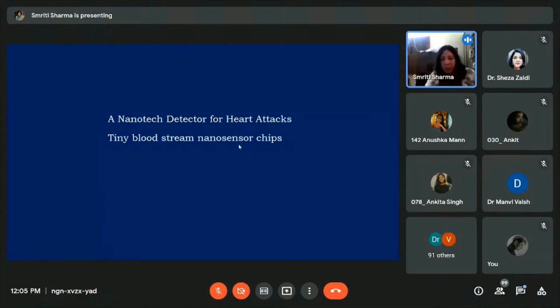They will just put in the nanosensor chips. Have you heard that there is a particular kind of smell in the room of a person who is deceased, or an old person? These smells are indicators, these are biomarkers. Our body has certain biomarkers.